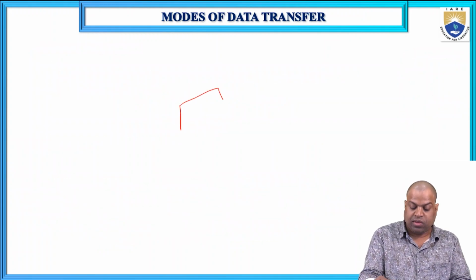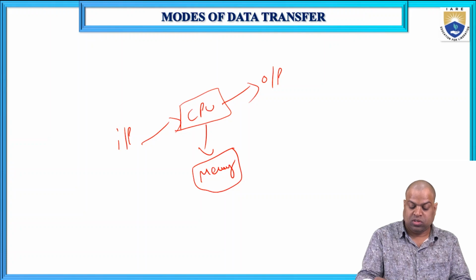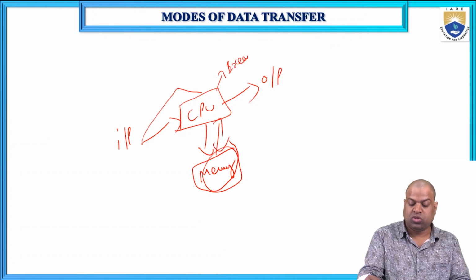So, when the CPU is connected to the memory through the input and output, the input is connected to the CPU, it is connected to the memory, it will be executed through the memory, and we are getting the output.